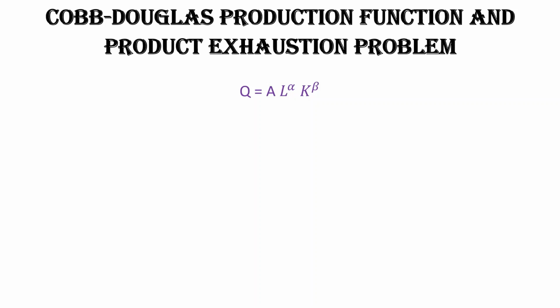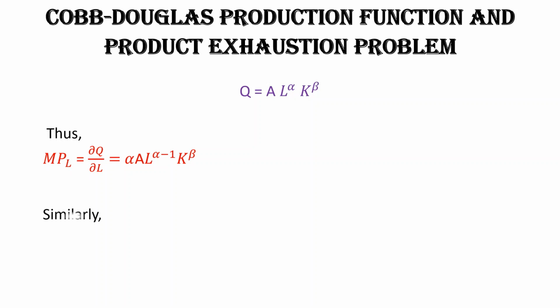capital respectively. To study the distribution of total product between the factors, we have to determine the marginal physical products of each factor by differentiating the given production function with respect to labor and capital. Thus, differentiating the total output with respect to L will give us the marginal product of labor, that is, dou Q by dou L is equal to alpha into A into L raised to alpha minus 1 into K raised to beta.